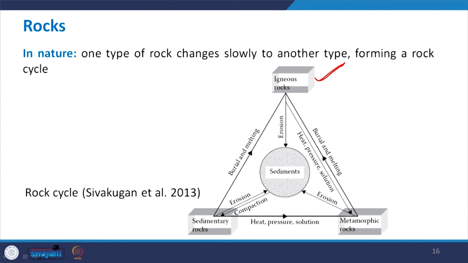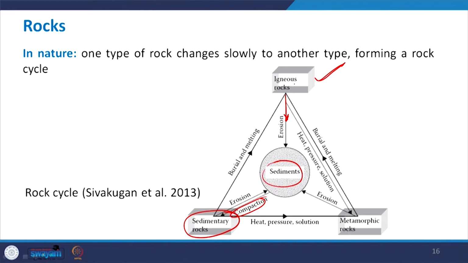Now its erosion takes place, and then you have the sediments because of the erosion of this. These sediments get compacted and they give rise to sedimentary rocks. So you see how an igneous rock over time got converted to sedimentary rock.